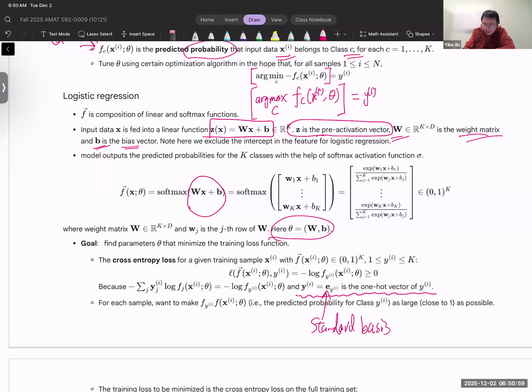So y is my true label. Let's say it equals C. That's basically saying my vector has only one at the C entry and zero everywhere else.